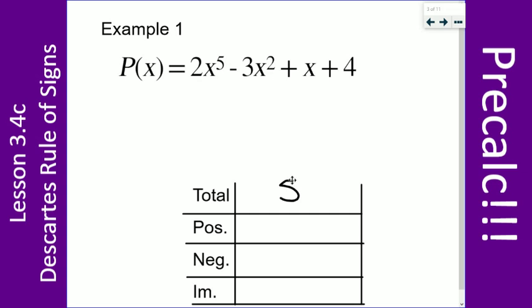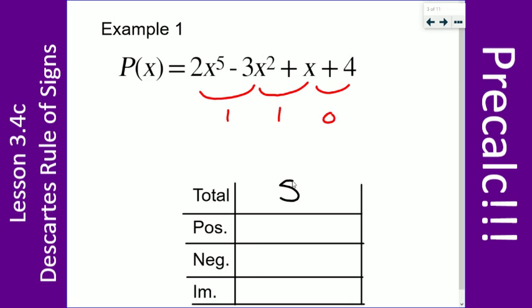All right, so if we go from 2x^5 to -3x squared, the 2x^5 is positive and the negative 3x squared is negative, so that is a sign change. So there's 1. Then if we go from negative 3x squared to x, that's another sign change, from negative to positive. And then as we go from positive x to positive 4, we don't get a sign change.